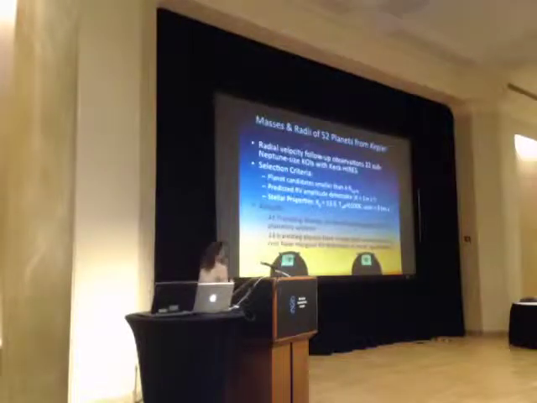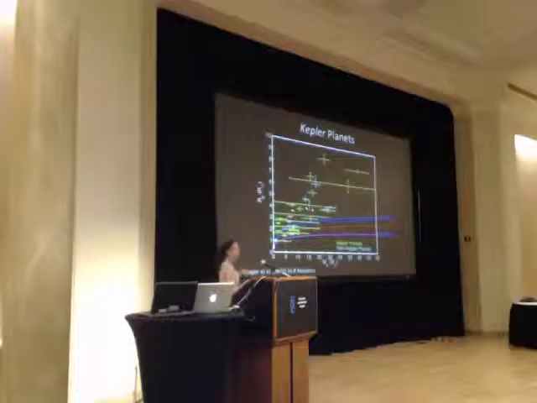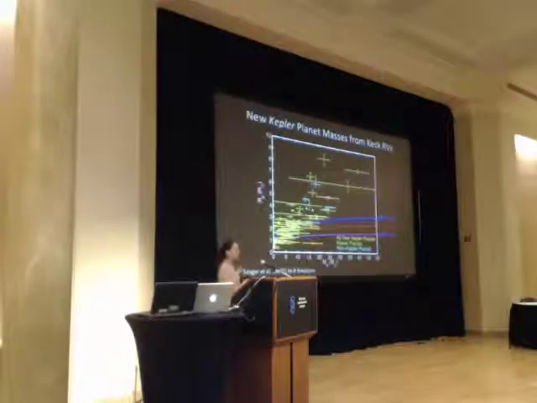Okay, and so these 42 new transiting Kepler planet candidates with mass constraints now more than double the number of sub-Neptune-sized planet candidates with mass constraints.